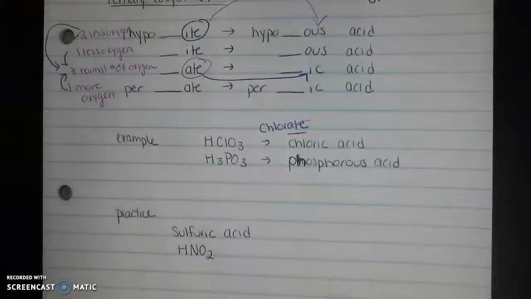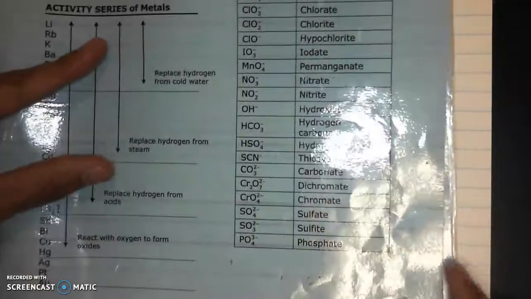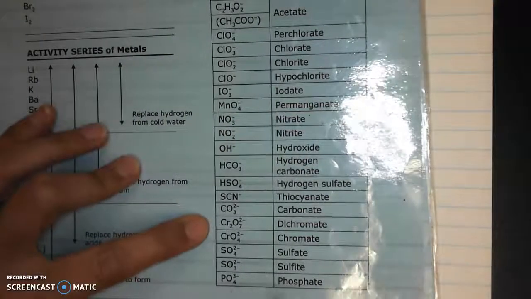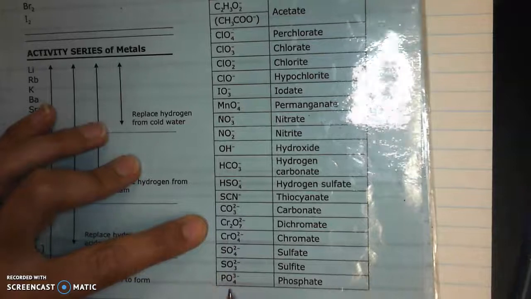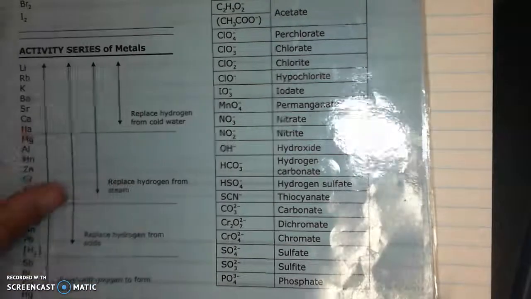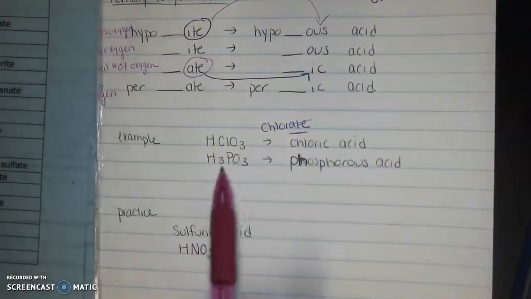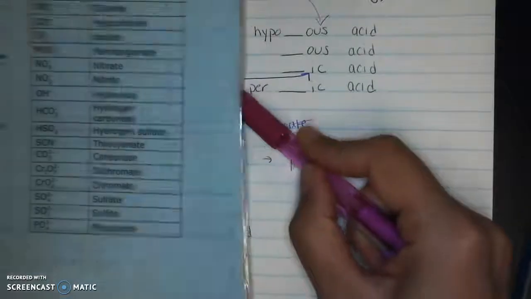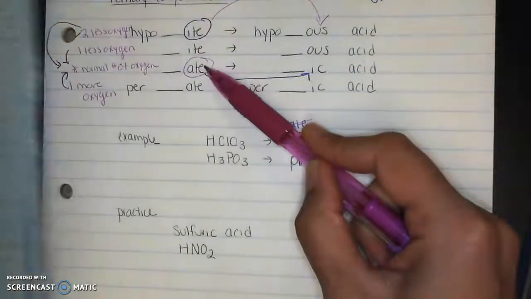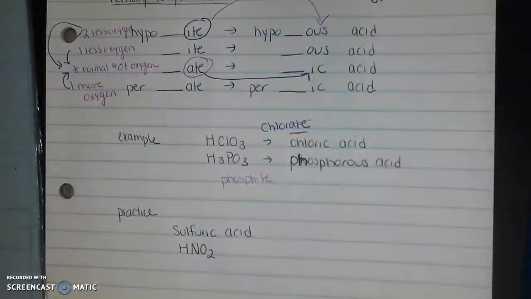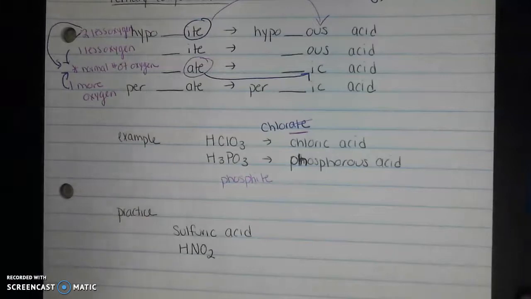So PO3, I don't see on my list of polyatomic ions, but I see something that's similar, and that's PO4 -3, which is phosphate. Because this is one less, ate was the normal, that was PO4, one less means that this was phosphite instead of phosphate.